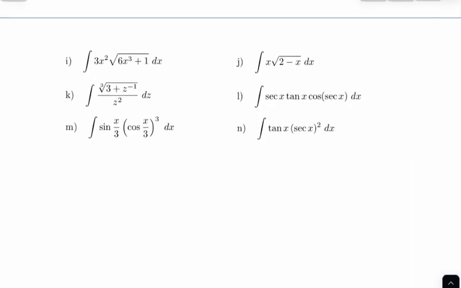Let's talk about these ones. These later ones are all u-substitutions. Let's do one with trig involved.